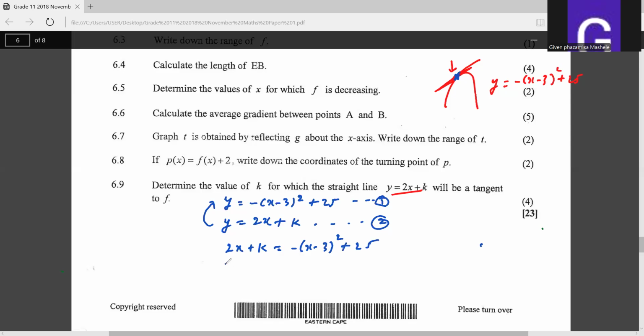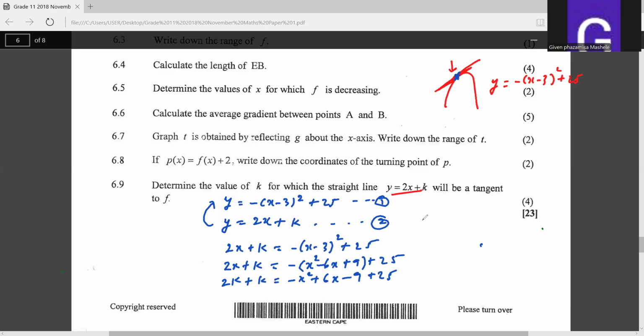Let's expand this. 2x plus k equals minus into x squared minus 6x plus 9, plus 25. Let's remove the brackets. Minus x squared plus 6x minus 9 plus 25.